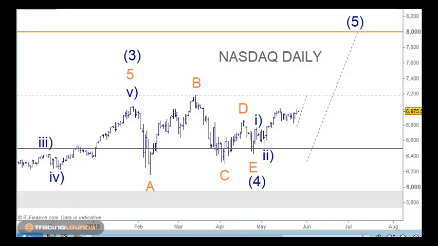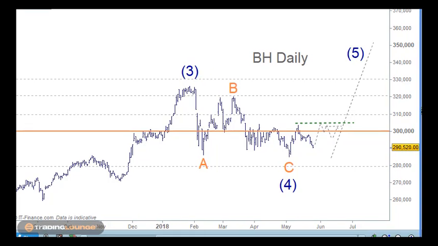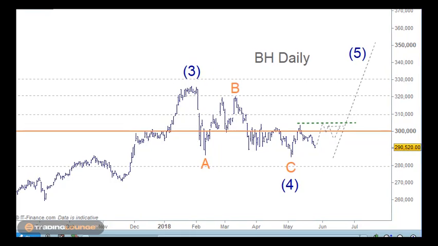But the ABC is very common, and as we talked about that last one the other times with Berkshire Hathaway, this is a daily chart, and in this case it counts nicely as an A wave, a B wave in 3, then 1 and 2 and 3, complicated 4th, and down for the 5th here.